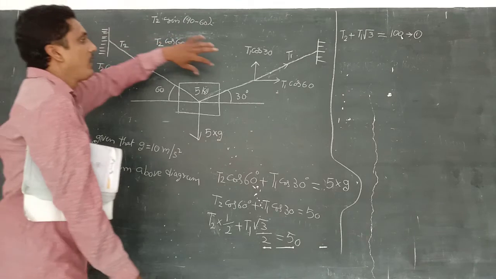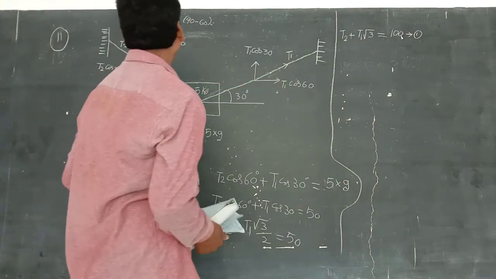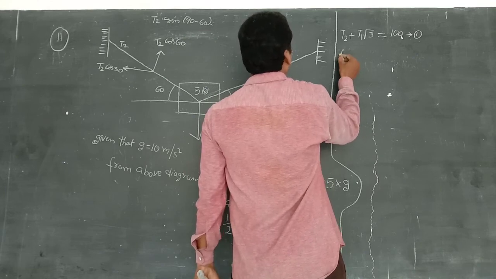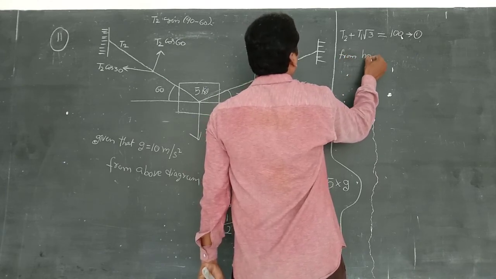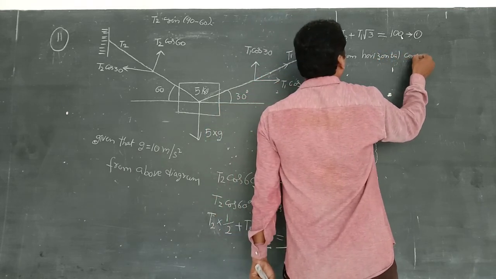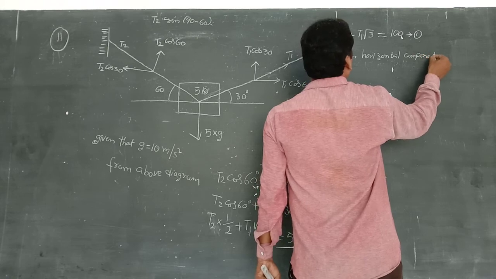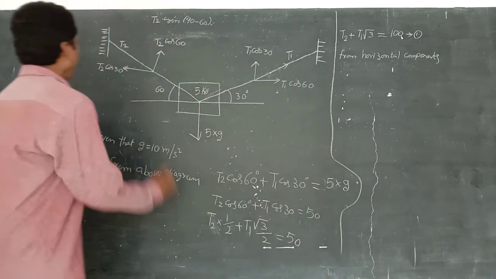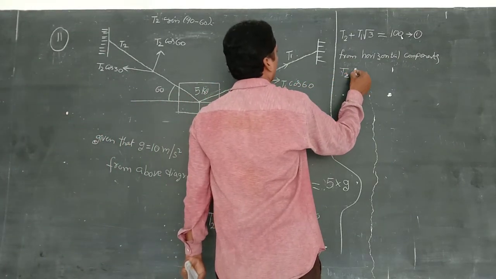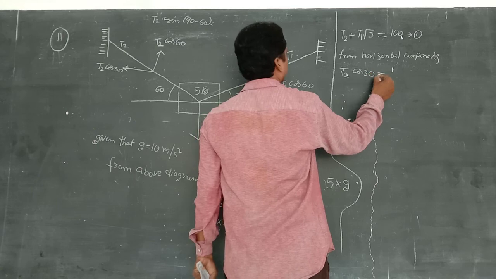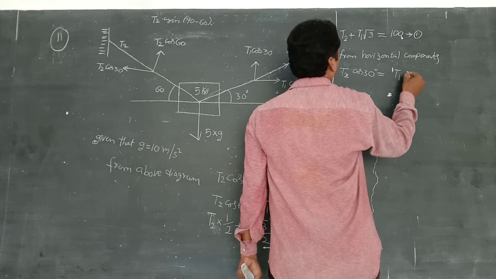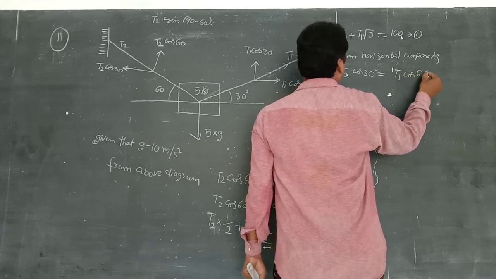From the horizontal components, T2 cos 30 is equal to T1 cos 60 degrees.